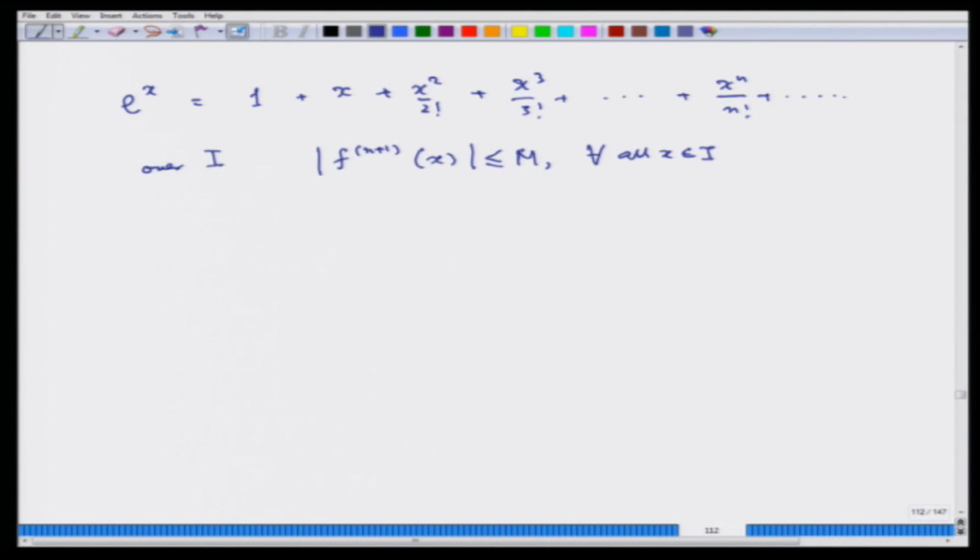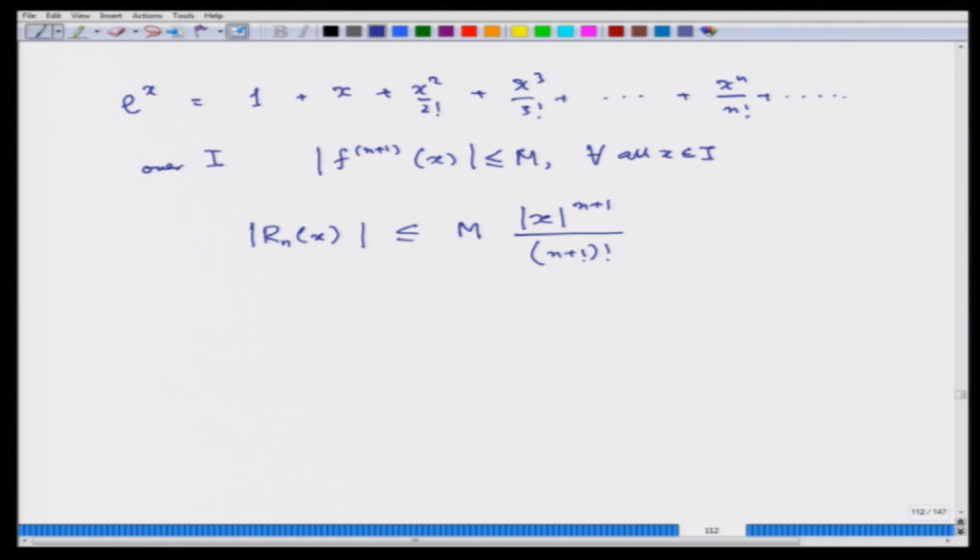So when x is given to me and I have this for a given x, then what do I have? I have mod Rn x is less than or equal to M times... I am just taking the Maclaurin series, you can take the Taylor series, it does not matter. You can write x minus a also here if you want.